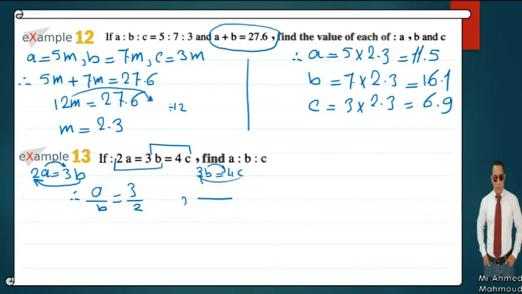Then b over c equals, b takes 4, as I said, and c takes 3, like this. Okay, now by looking, the common term here is b.